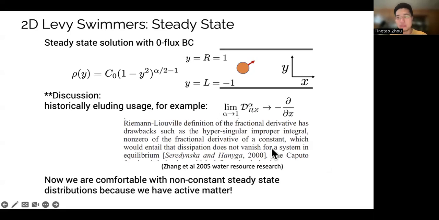So, for example, a lot of people criticize the use of the Riesz operator in their work. But for us in this problem, we are very happy with it, and we're comfortable with a non-constant steady-state distribution. That's because we have active Levy swimmers, and they are active matter, so they are intrinsically out of equilibrium. So anything can really happen. It's not going to be a real surprise, and conceptually we can accept that.